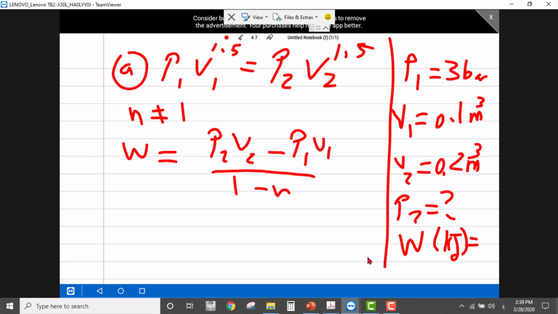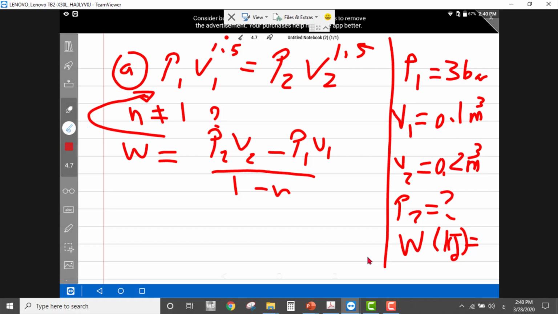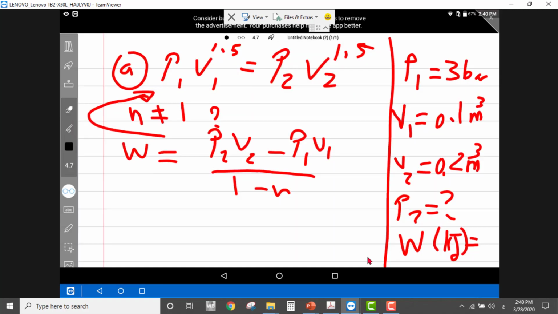So here we have n, we have P1 V1, and we are left with P2. So we need to find P2. From where can we find it? From the relation for polytropic.